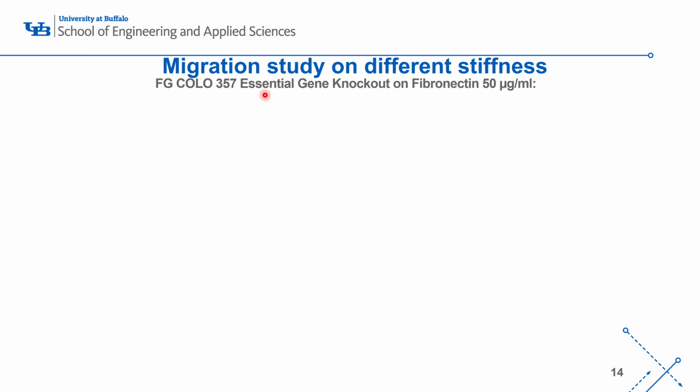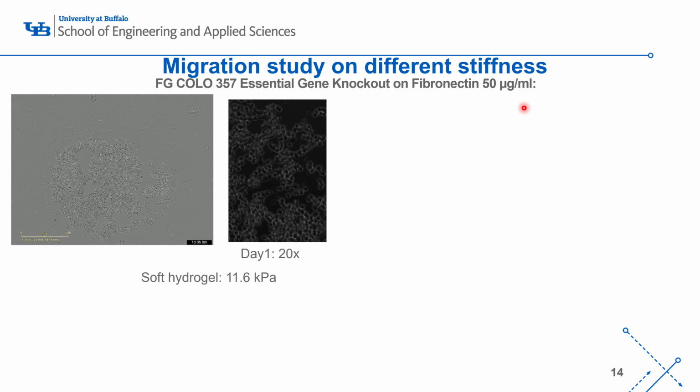So this is the FG-Colo essential gene knockout on fibronectin at 50 microgram per ml concentration. This is how the cells look on day one when we seed the cells on the hydrogel that is coated with fibronectin.